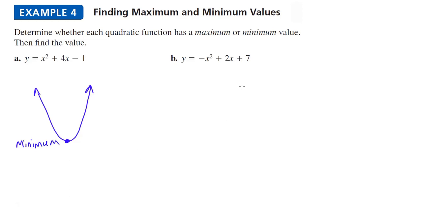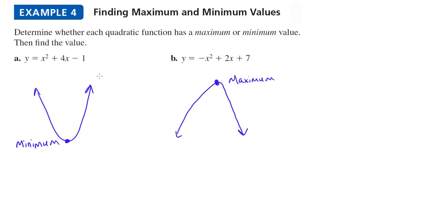Now, if the quadratic function has a negative a value, like we see here in example B, we have a negative x squared, then that parabola is going to open downward, which would make the vertex the highest point on the graph. That would make the y value of the vertex the maximum value.